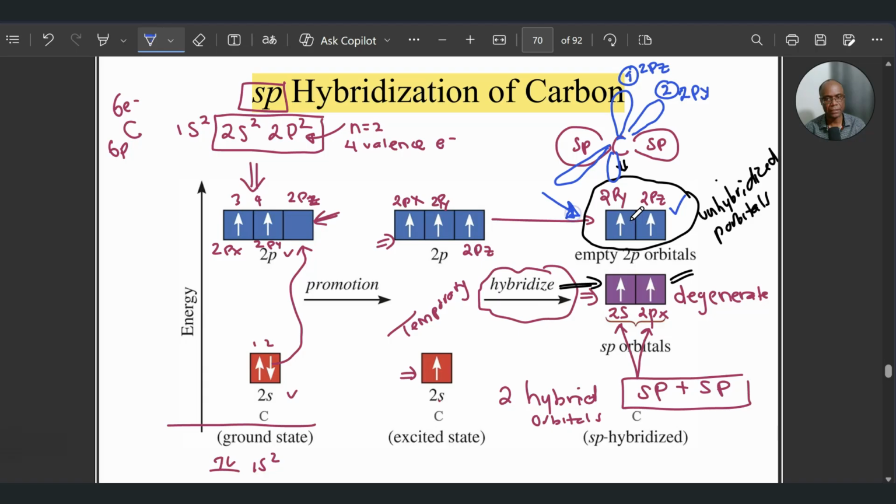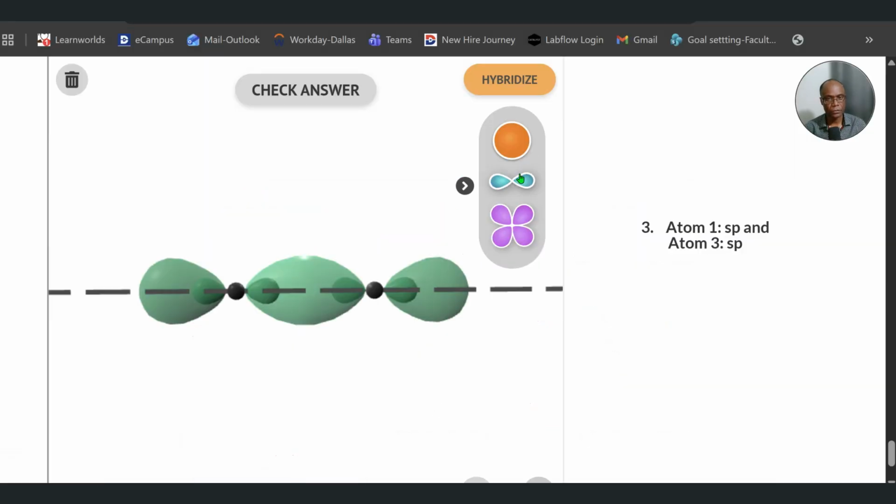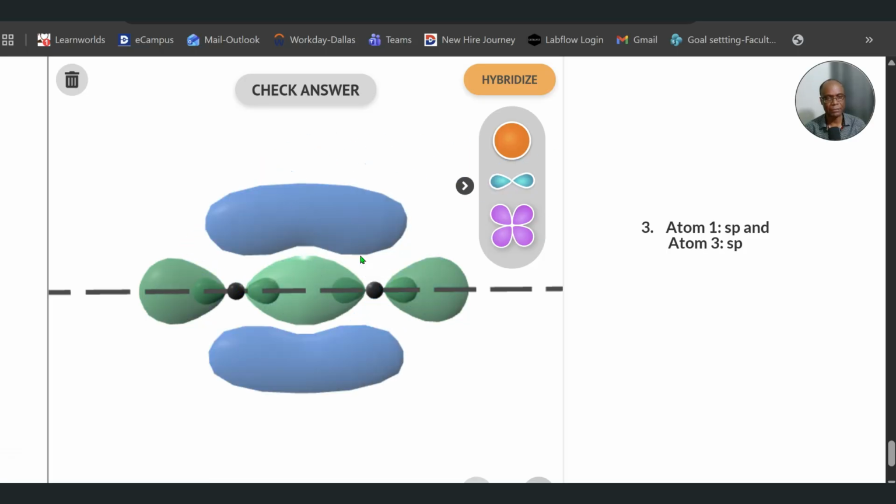You see these 2 guys, every carbon has these 2 that are unhybridized. So let's put the 2 blues. I'll put one unhybridized there, and I put another unhybridized there. You see, immediately they make the pi bond. That's 1 pi bond.